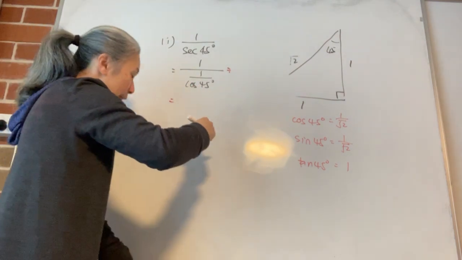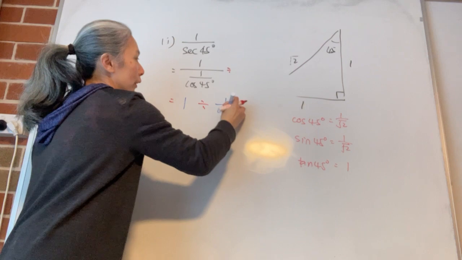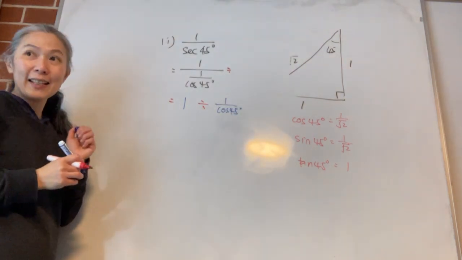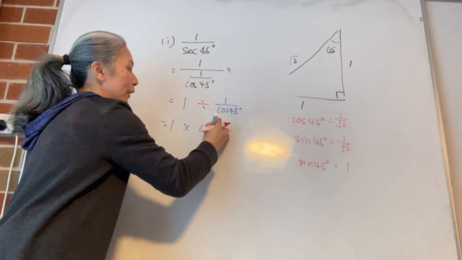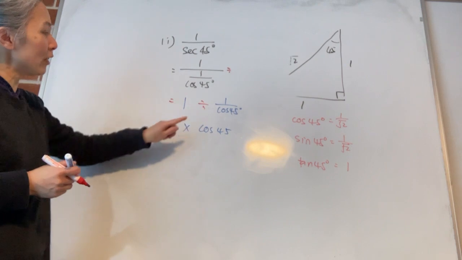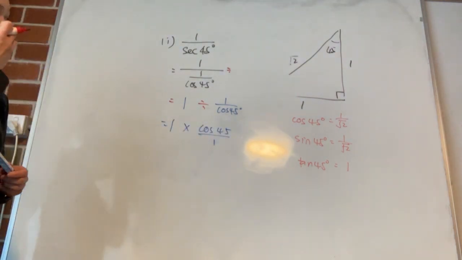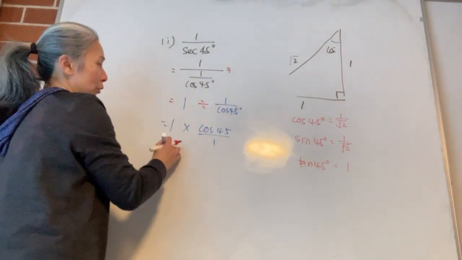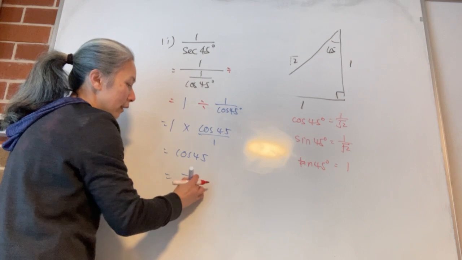So I'm going to have it as 1 divided by 1 over cos 45. That means 1 times cos 45 on 1, because when I change divide into times, I flip them upside down. Now all of this is literally equal to cos 45. Cos 45, you know, is 1 over root 2.